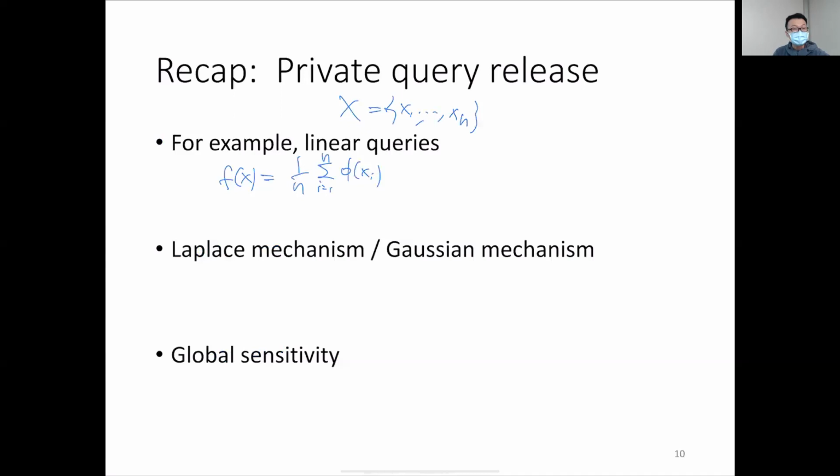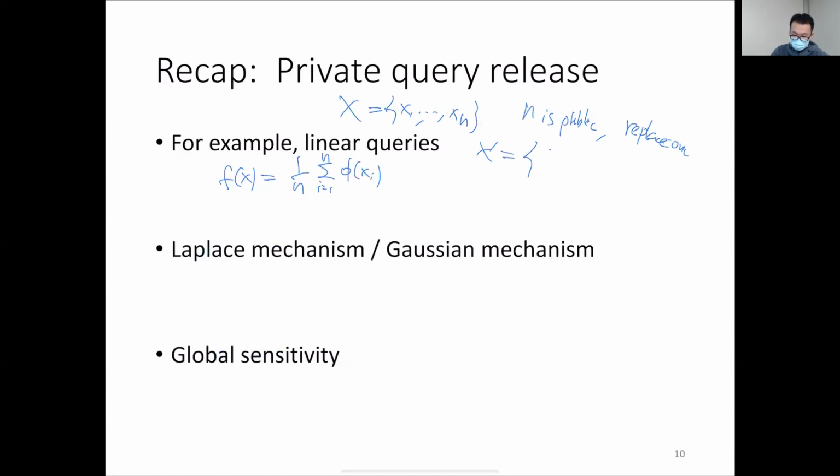For this lecture, let's throw away the add or remove neighboring relation, and just consider the replace one neighboring relation, so that n is public. So what is a neighbor of x?